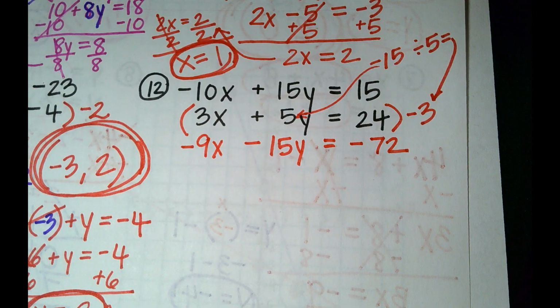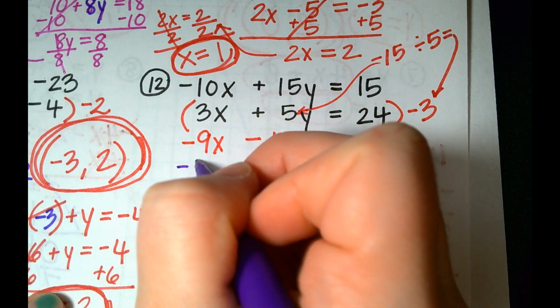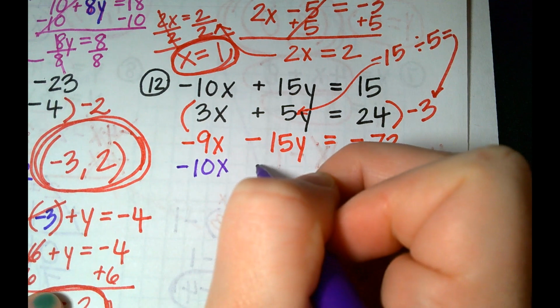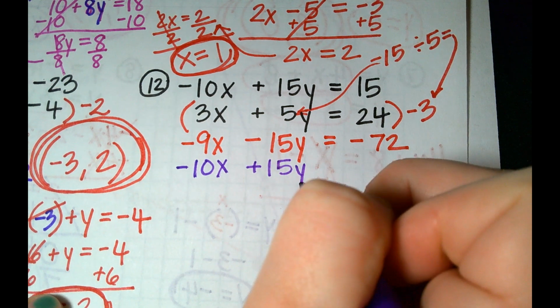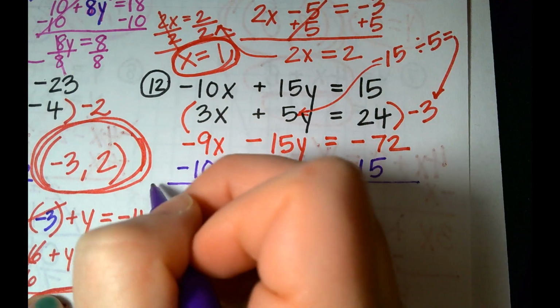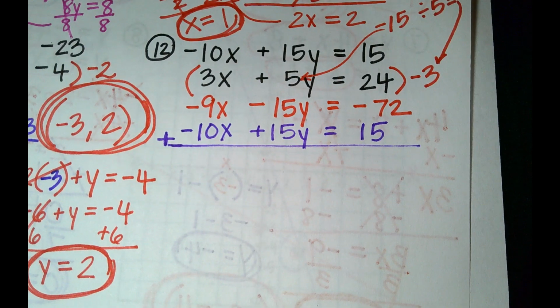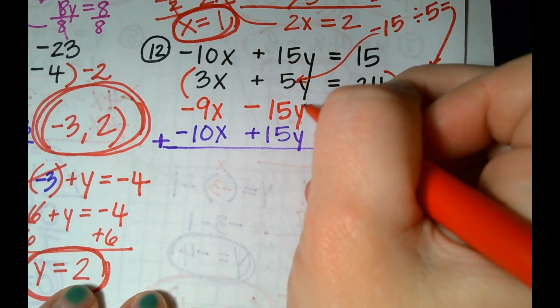Perfect. All right, now I'm just going to rewrite the top equation, stack them up. -10x plus 15y equals 15. And let's add these together. I already know my y's will cancel.